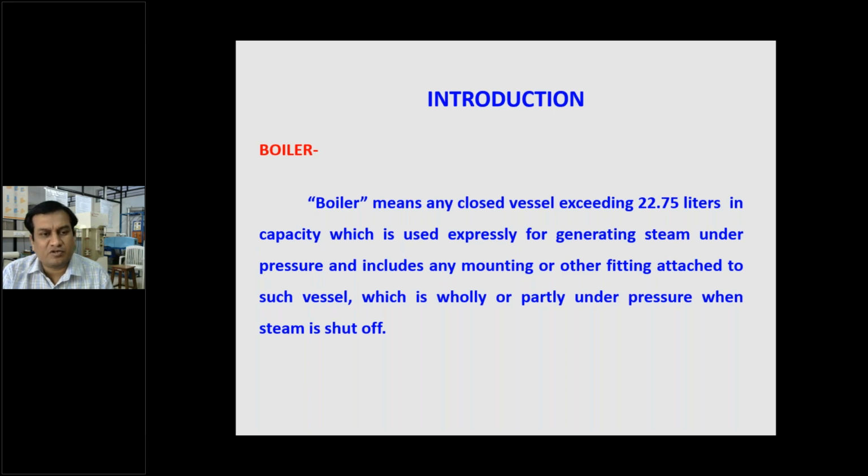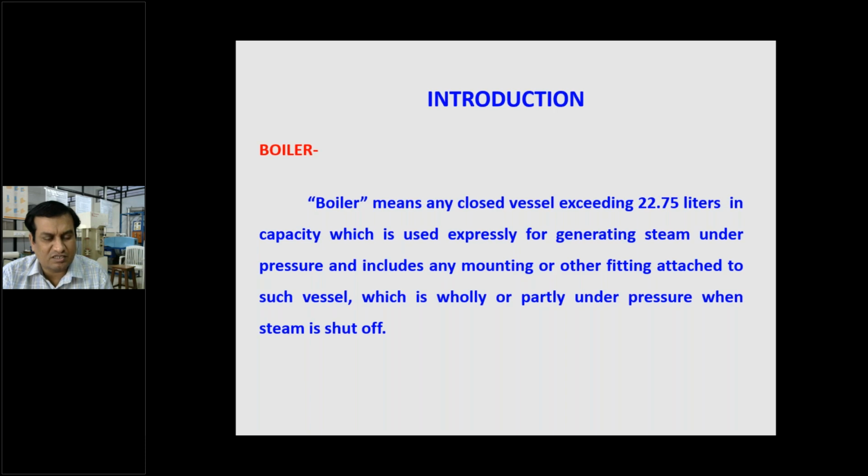Now there are different terminologies like boiler mountings and accessories. Boiler mountings are generally used for cleaning or safety purposes. There may be a safety valve, a safety plug, a dead weight safety valve, Ramsbottom safety valve, or lever safety valve.